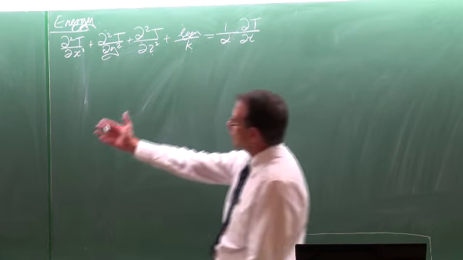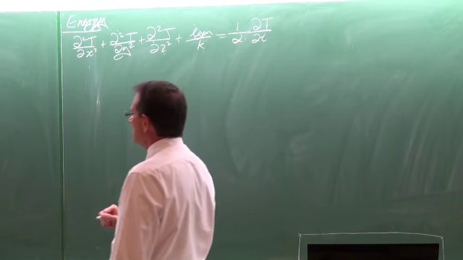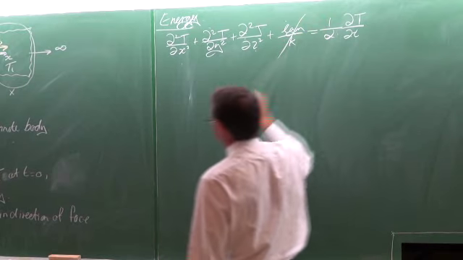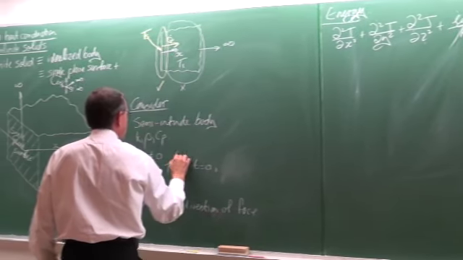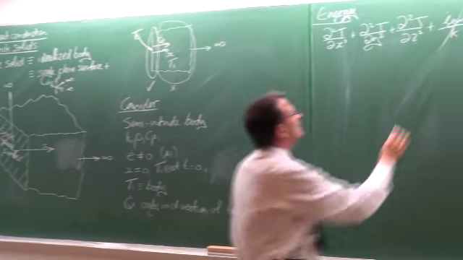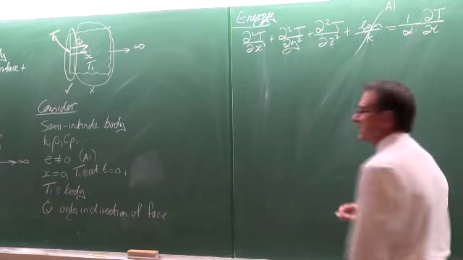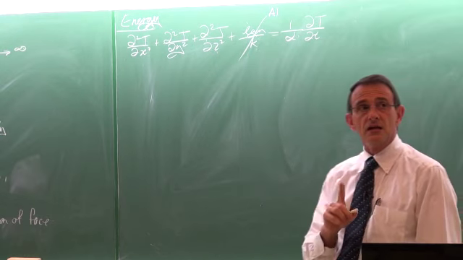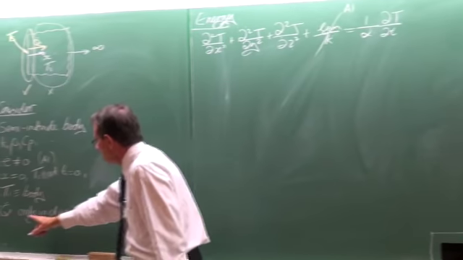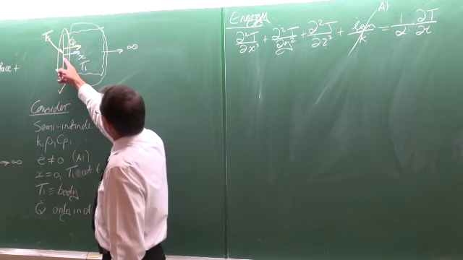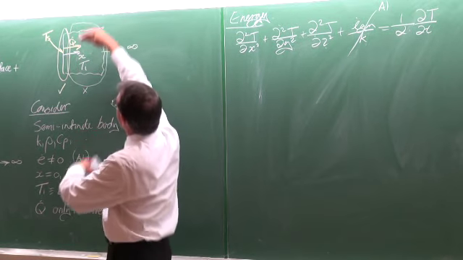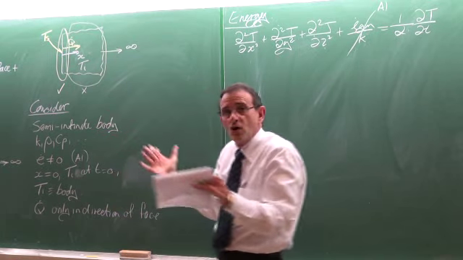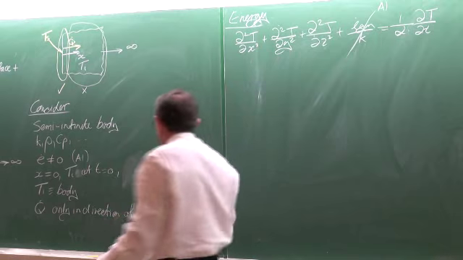Now in terms of what we consider, it has been given to us that the heat generation inside the body is equal to 0. So let's make this assumption 1, which takes care of that term. Then we also said we're only going to look at the heat direction in this direction. This body is so big that the heat transfer in those directions is not important, cannot be considered.